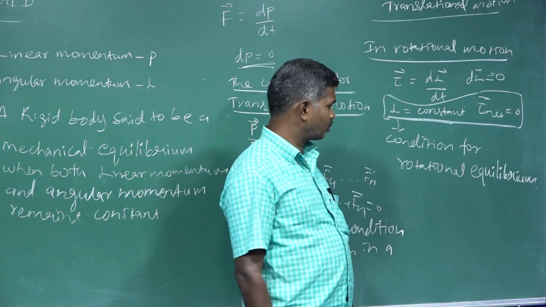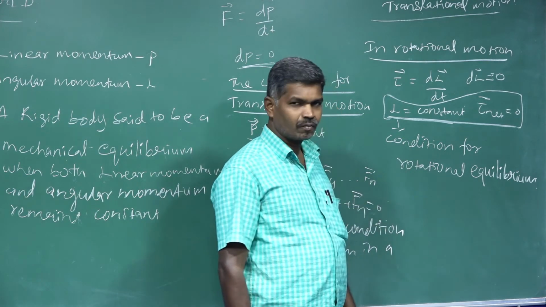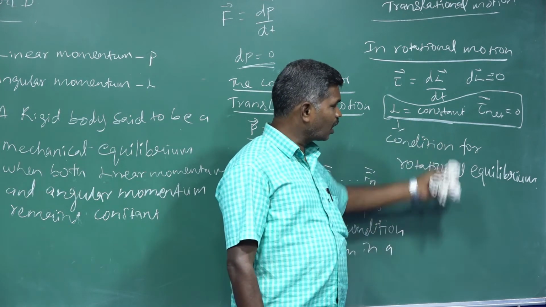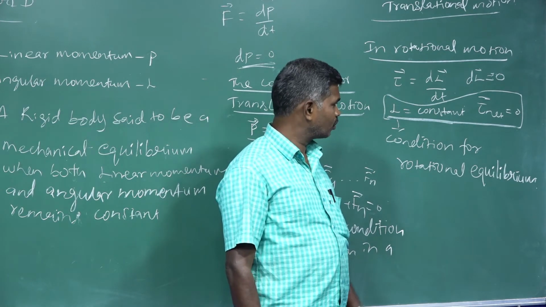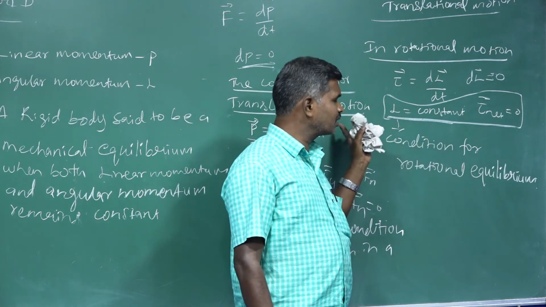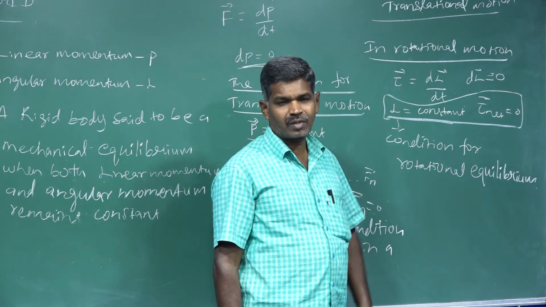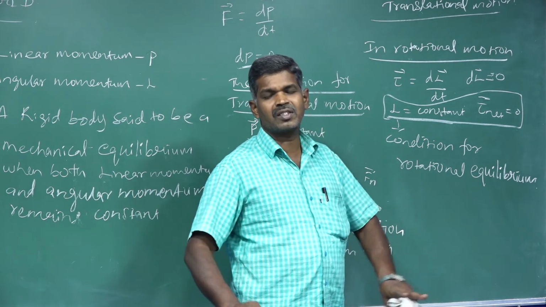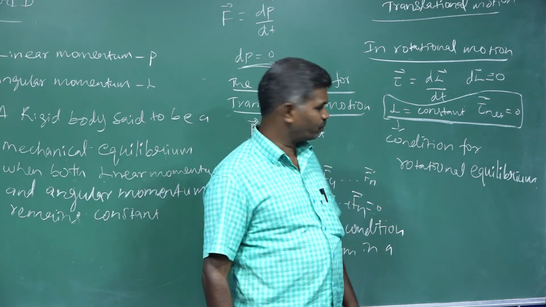Like that, for rotational equilibrium, angular momentum remains constant and net torque is also 0. When these two conditions exist on an object, we say the object experiences mechanical equilibrium.